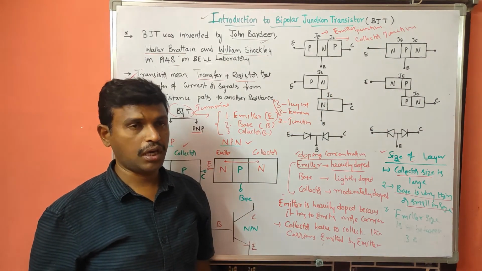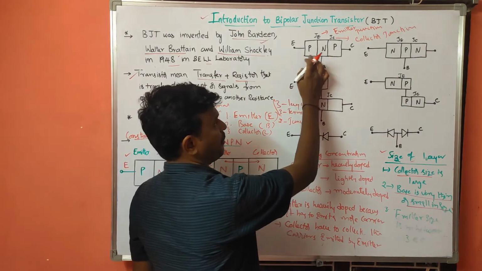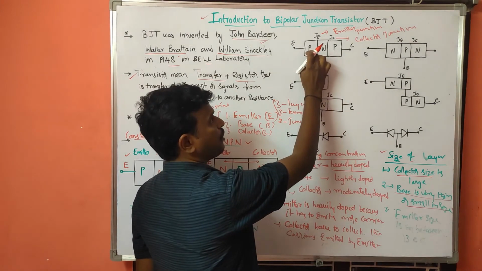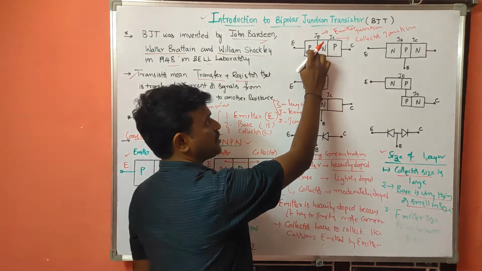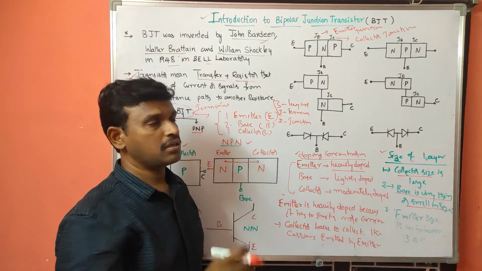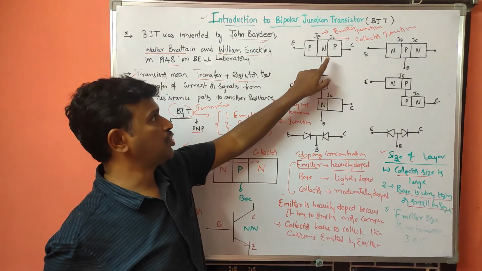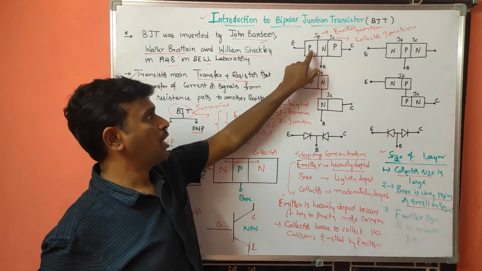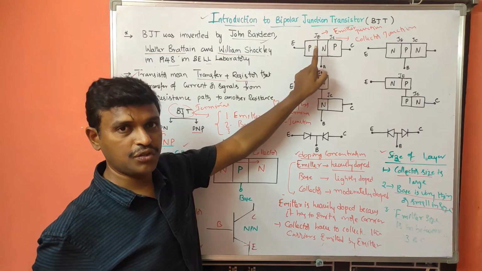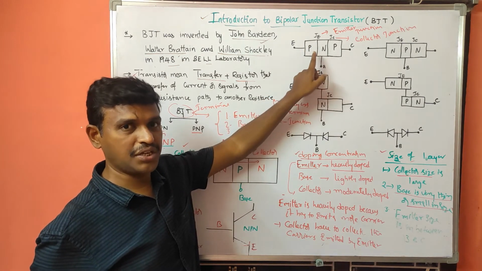If you observe this PNP transistor, between P and N, that is the emitter and the base, this one is called the emitter and this one is called the base. Between the emitter and base a junction is formed, that is the PN junction.